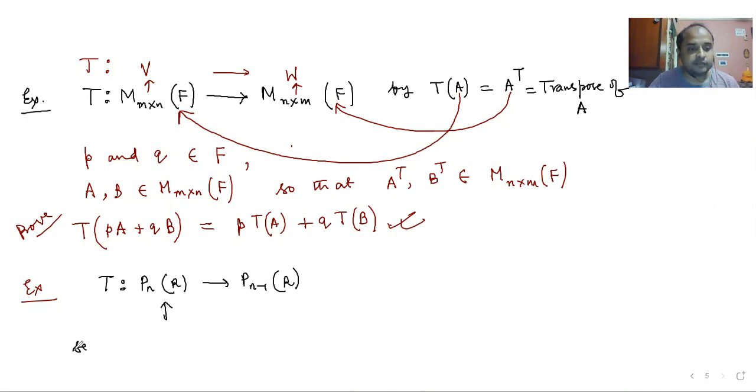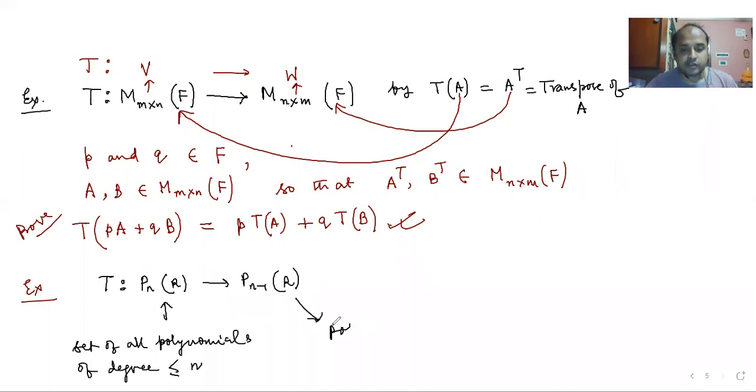This is the vector space of all polynomials of degree less than or equal to n, and this is polynomials of degree less than or equal to n minus 1. How have they defined this transformation? An element of this vector space will be f of x, because it is a polynomial of degree less than or equal to n.